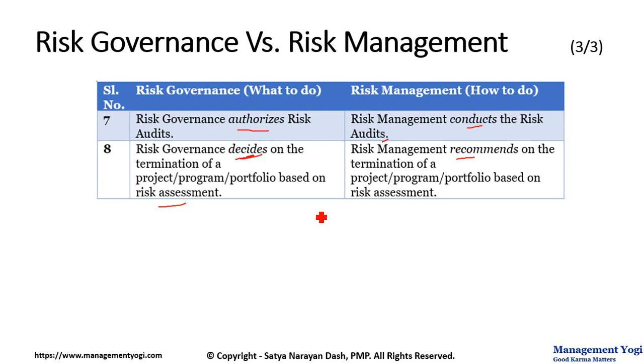So you need first the risk governance, which in turn will mandate the risk management at the level of project, program, or portfolio. Both are needed to have proper risk management in an organization.